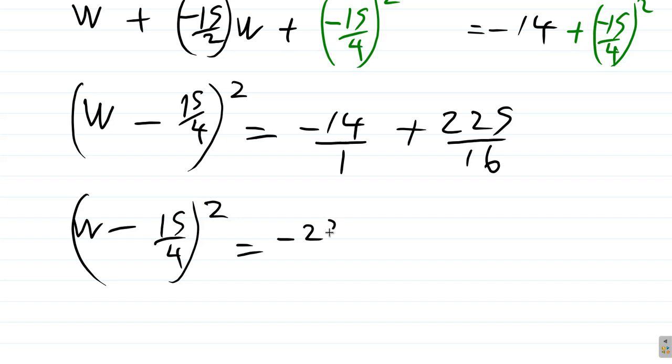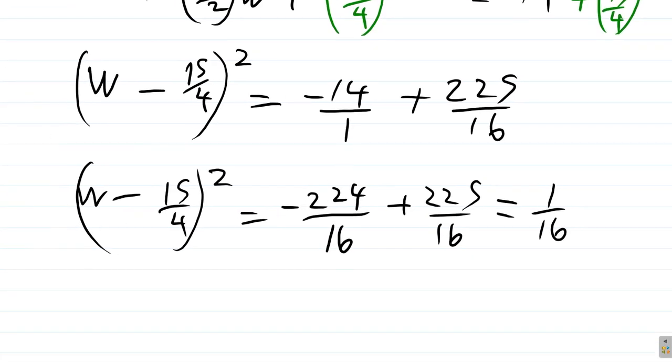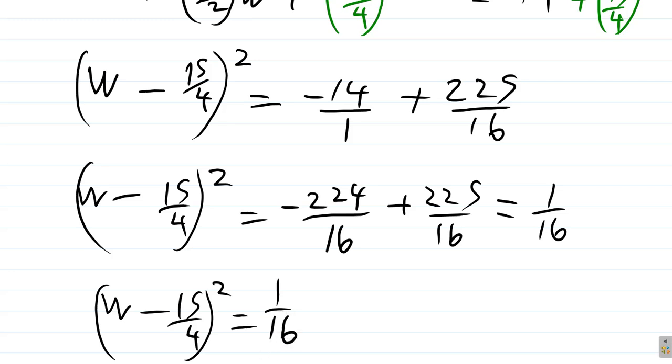So negative 224 over 16, plus 225 over 16, that would be what? Negative 224 plus 225, that's 1 over 16. Alright. So what we have is (w minus 15 over 4) squared is equal to 1 over 16.